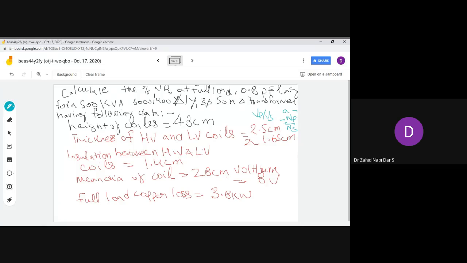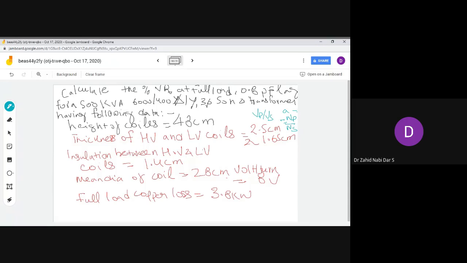See here, VP value is given as 6000. Three phase it is given. So you have the transformer voltage also given, and the kVA, that is 500 kVA. So 500 kVA would be equal to 3 VP IP. So 3 VP value is 6000 into IP.